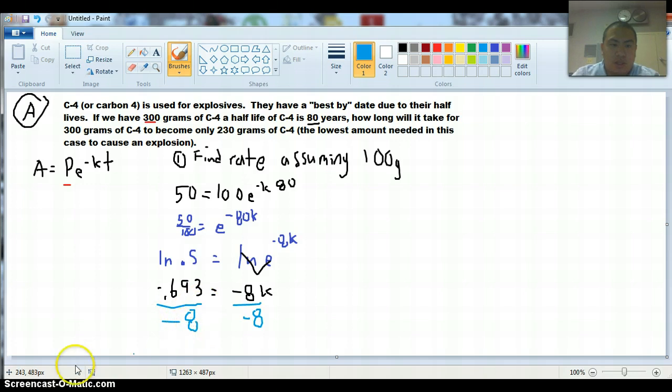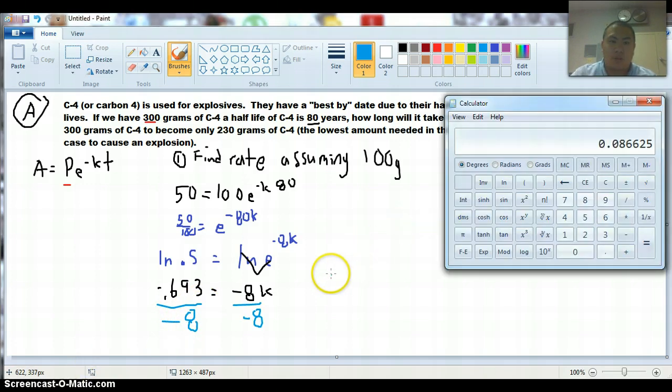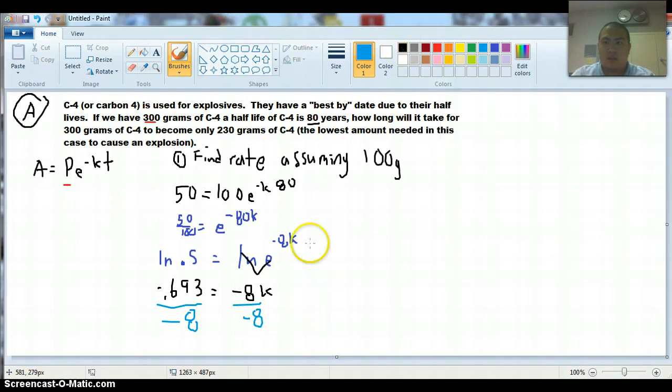Let's pull it up on the calculator. 0.693 divided by 80. I already canceled out the negatives here, so I do get k is equal to 0.0087. Okay, cool. So we are good.